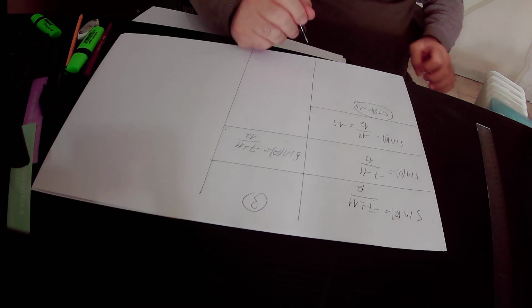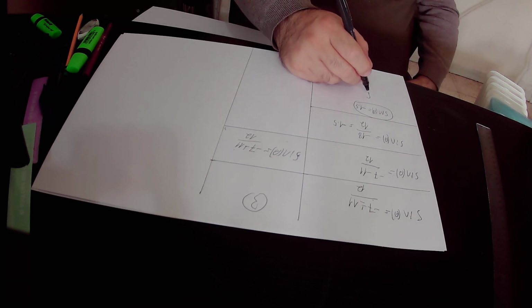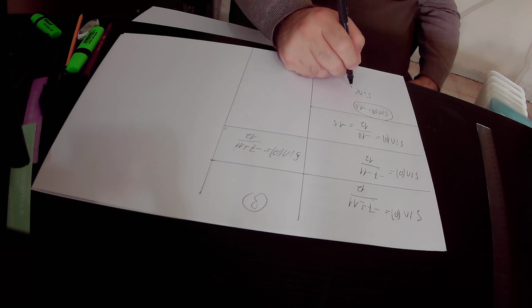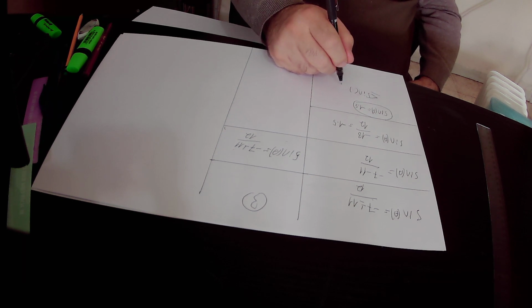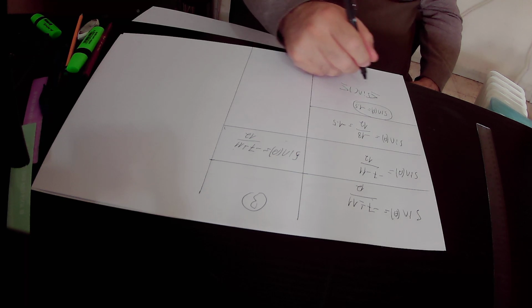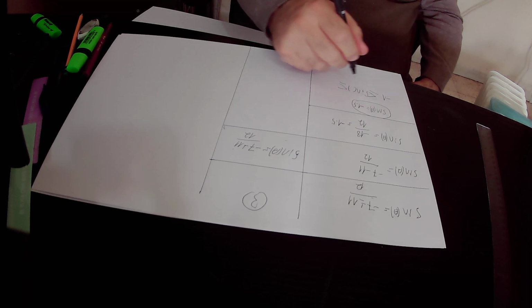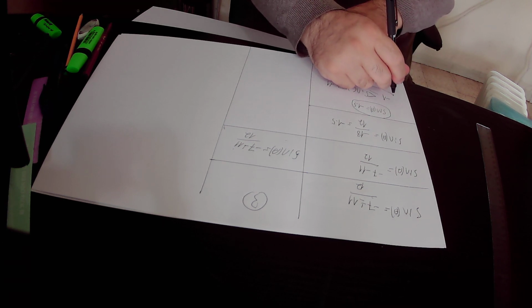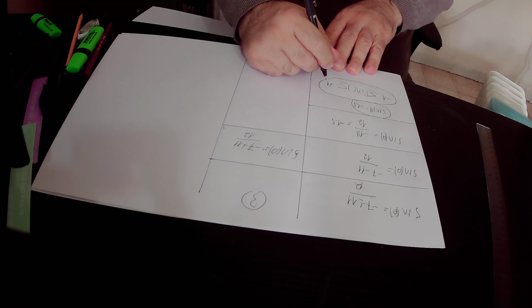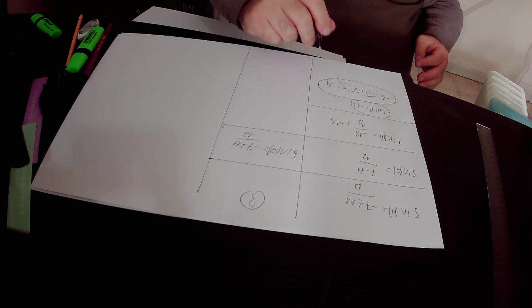But because of the range of the values that sine theta can accept, sine theta can accept values ranging from minus 1 to plus 1. And minus 1.5 is less than minus 1.